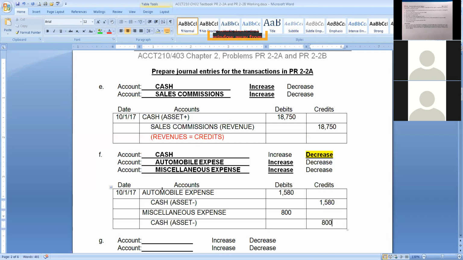So you can split it up like this so that they're separated. If you did these both at the same time, and this is probably the way the book wants you to do it, you could also just add these two together. So 1580 and 800 is 2380.